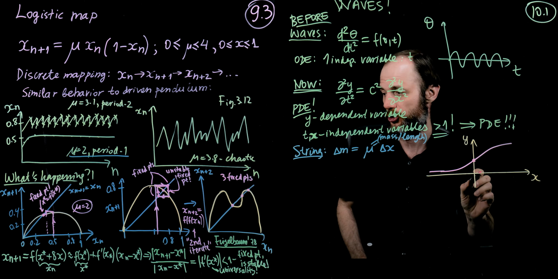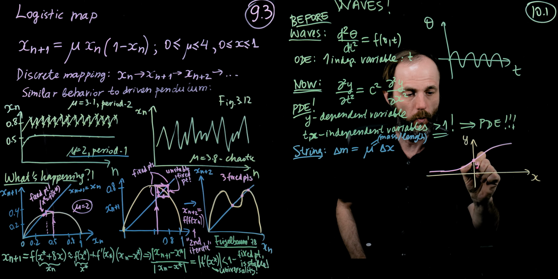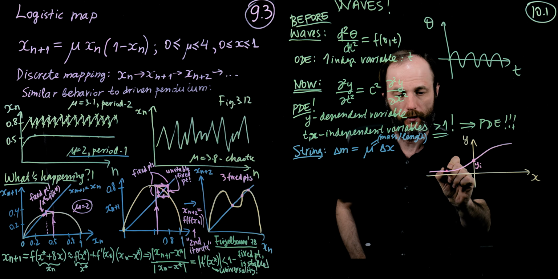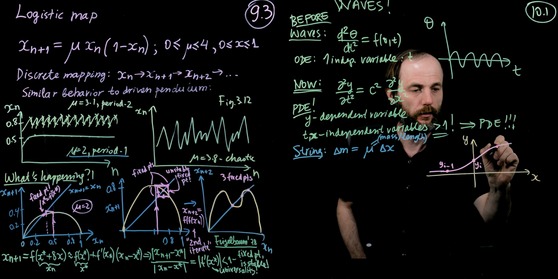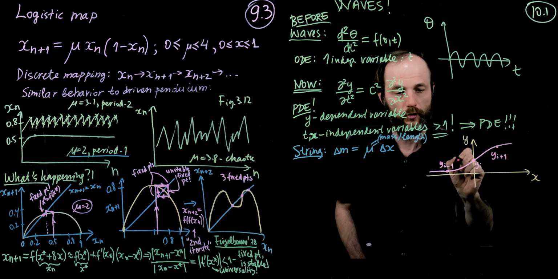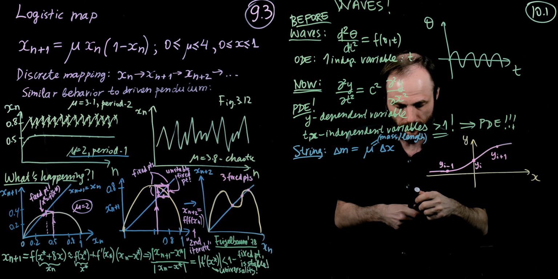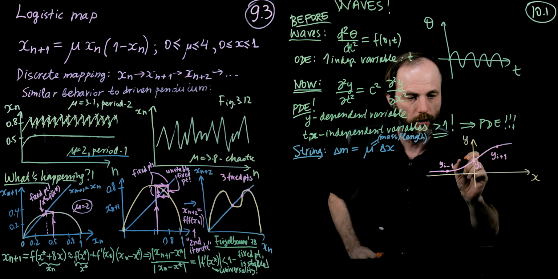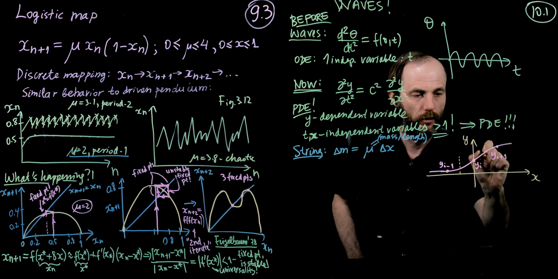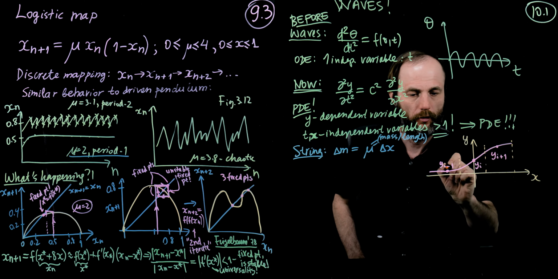This will be position y_i. This will be position y_i minus 1, and that will be position y_i plus 1. All right, so these are going to be the dividing lines between these positions. Over here, over here, over there.